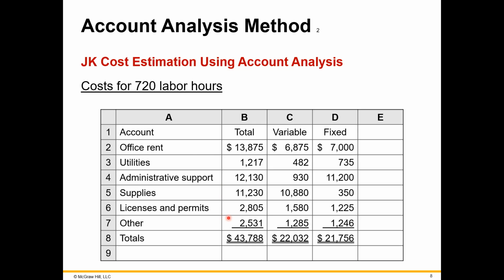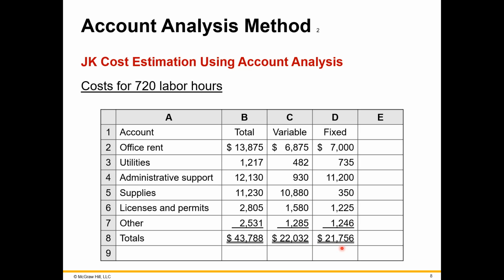And then we broke out the different expense lines into variable and fixed costs. And so this can be more useful than just giving a total number of $43,788. Now we know that 22,000 of that were variable costs and 21,000 of that was fixed costs.